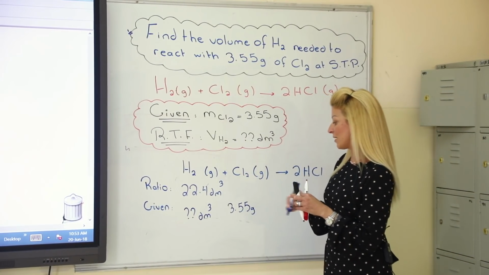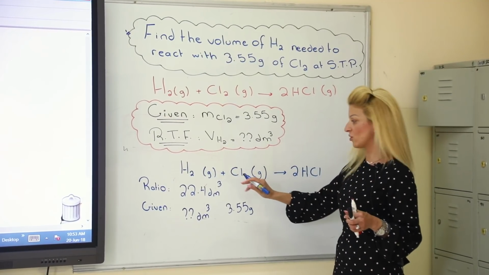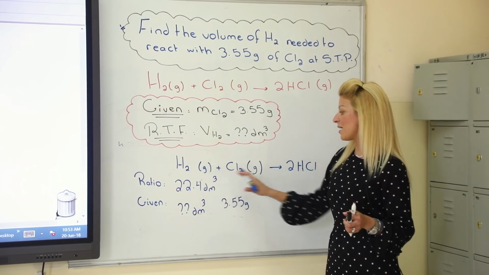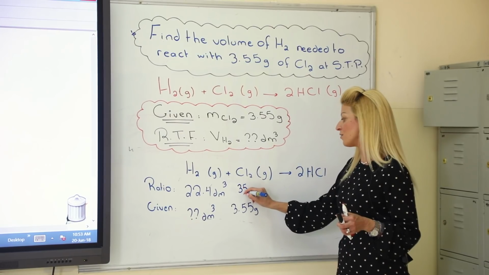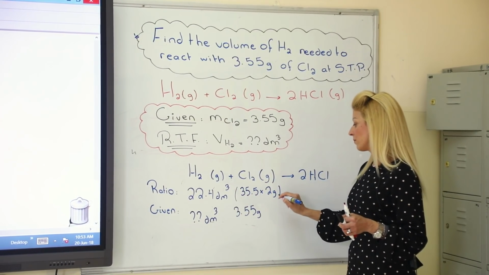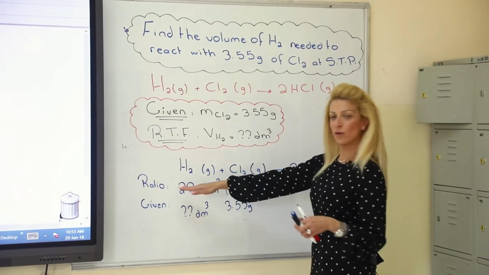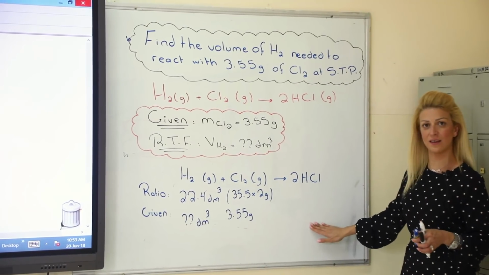Then under chlorine, we write its mass in grams according to the balanced equation. In our balanced equation, we have 1 Cl2. The mass of 1 Cl2 is 35.5 times 2. So what we did now is we wrote the most convenient ratio and the given in the second row.